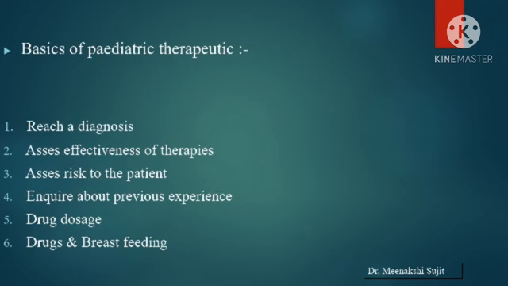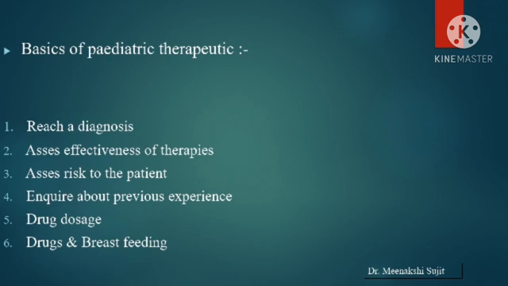So our next point is the basics of pediatric therapeutics. According to the Indian Academy of Pediatrics, that is IAP, these steps are to be kept in mind while applying therapy on diseased children, because if you keep all these 6 points in mind, you can diagnose correctly and give accurate treatment to a child. What are those?